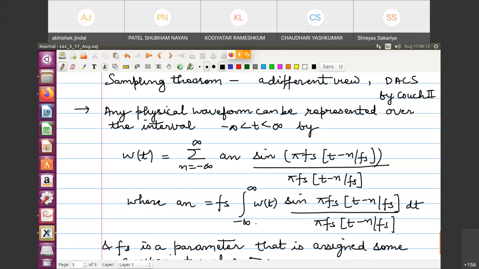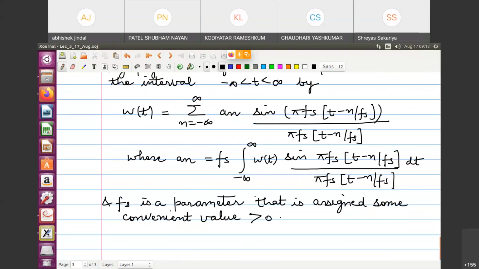This is not a sequence. a_n is a sequence, and this summation is a series. Now we have not said anything about whether a_n are the sample values of w(t). You will see that now. I will write down the condition in which these a_n are nothing but the samples of w(t).